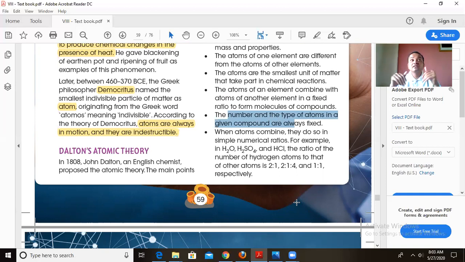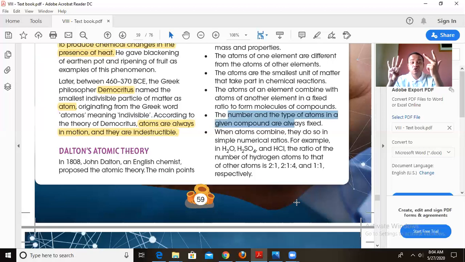Is it clear? Next example, HCl: 1 hydrogen, 1 chlorine. The ratio is 1 to 1. Is it clear? Next example, H2SO4, sulfuric acid. H2, 2 hydrogen. S, 1 sulfur.